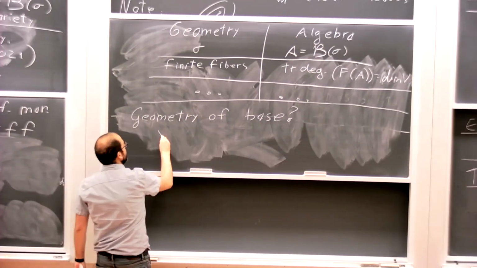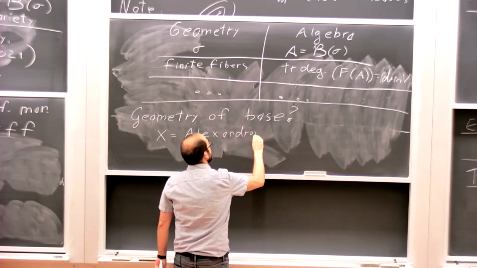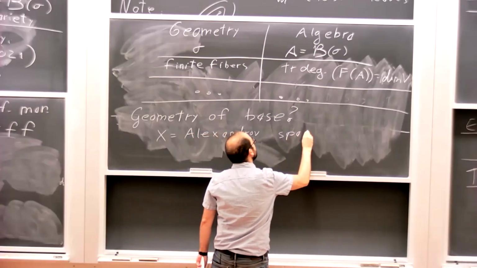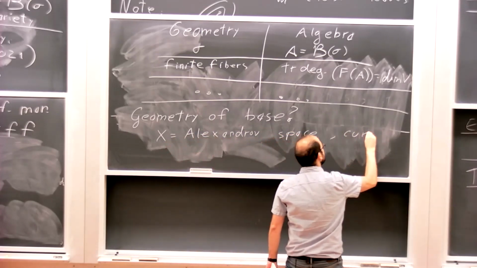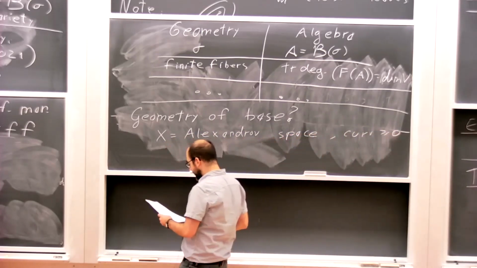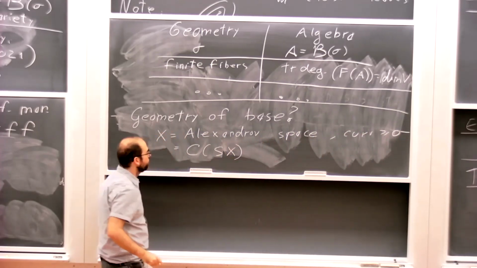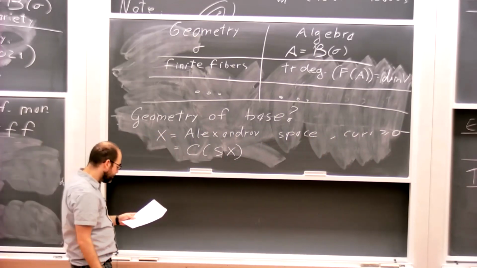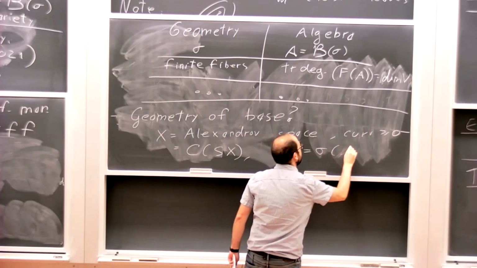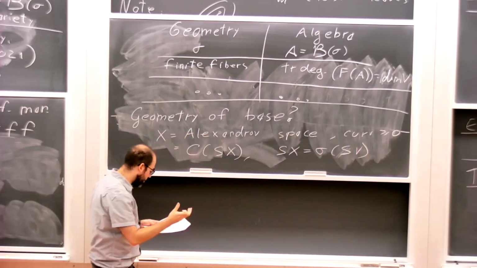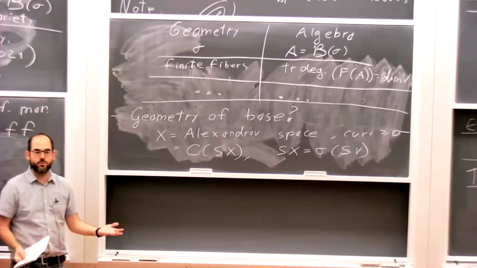Well, it's an Alexandrov space. This is always true, with curvature bigger than or equal to 0. It's also the cone over the image of the sphere, so you can do it on the sphere. So SX here is just sigma of the unit sphere. So it's a cone like that. But it's actually much nicer than that: it has a regular part where it's a Riemannian manifold.